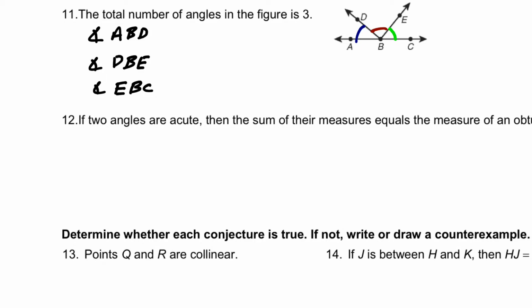But there's other angles in this figure. So for example, I could mark this black angle that goes from here all the way to there. Well, that would be angle DBC.